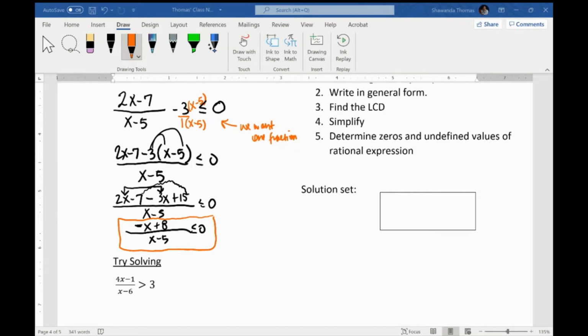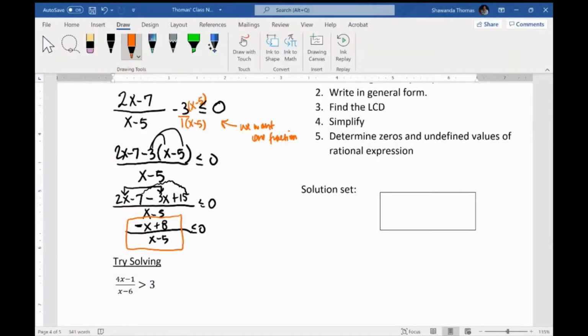Well, let's go to undefined values. How would I figure out what would make this undefined? Let's just look at this right here. What does it mean again about undefined values?